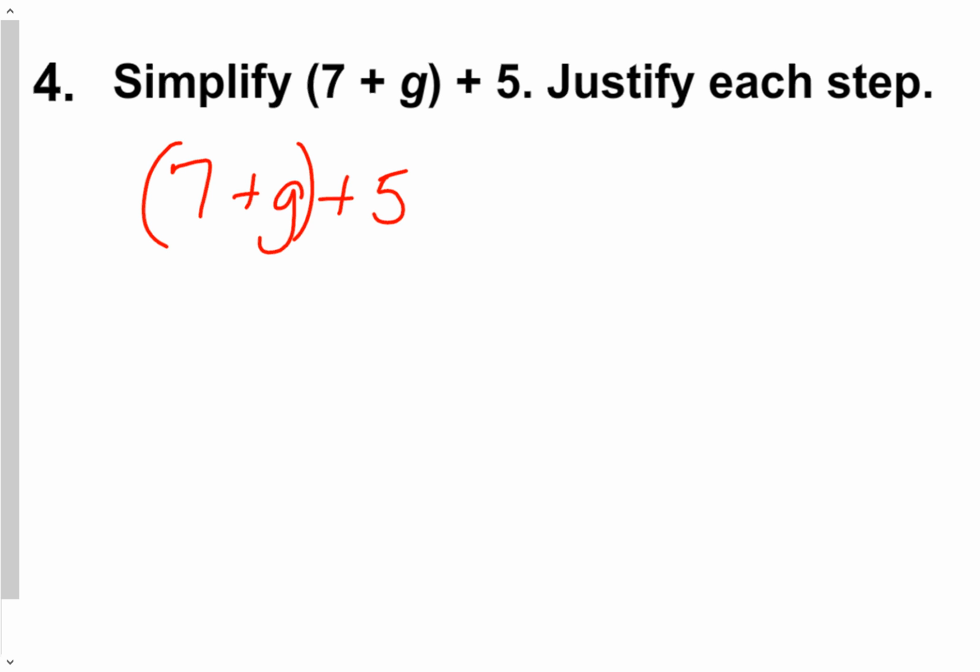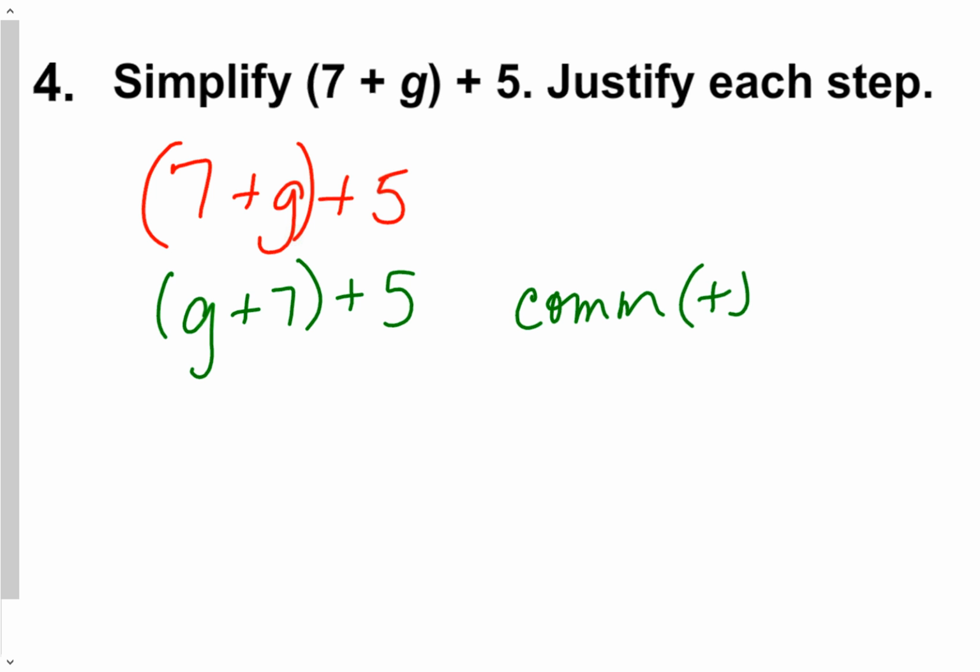So what I'm going to do right now is reorder this problem, because I want to put my numbers together and leave my variables on the other side. So I'm going to reorder the g and the 7, and that's the commutative property of addition.